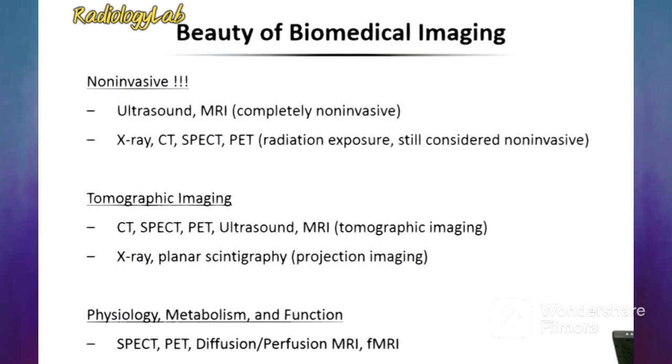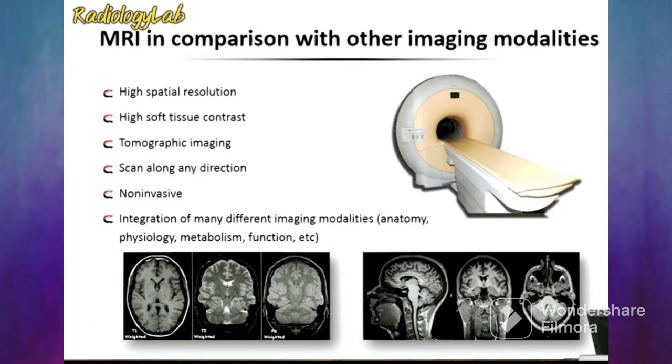Let's start with MRI in comparison with other imaging modalities. MRI provides relatively high spatial resolution, and it also provides high soft tissue contrast, and tomographic imaging capability. Especially, MRI provides more flexible tomographic imaging capability because it can scan along any direction. That is a unique feature of MRI, which we will talk about in detail later.